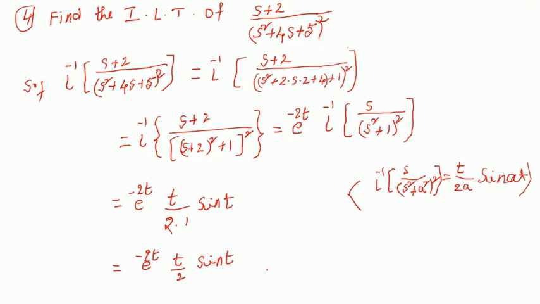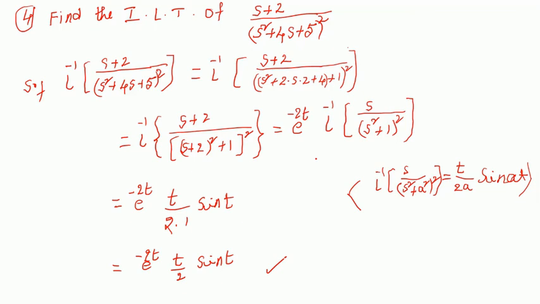So this is the value of L inverse of (s plus 2) by (s square plus 4s plus 5) whole square, right?